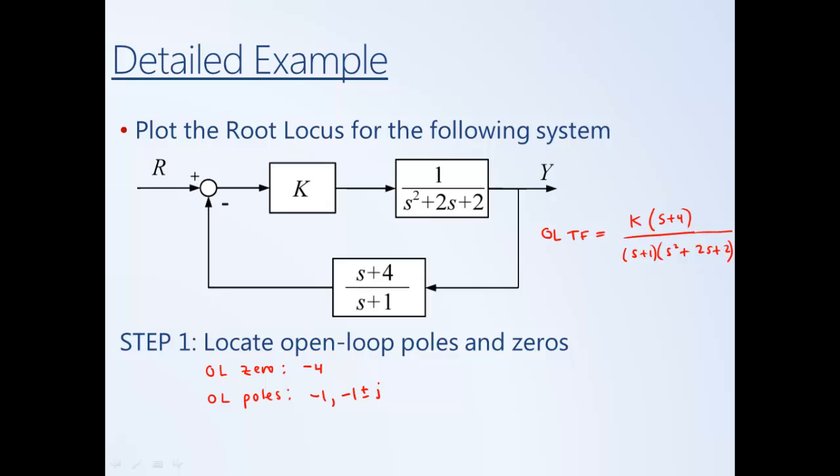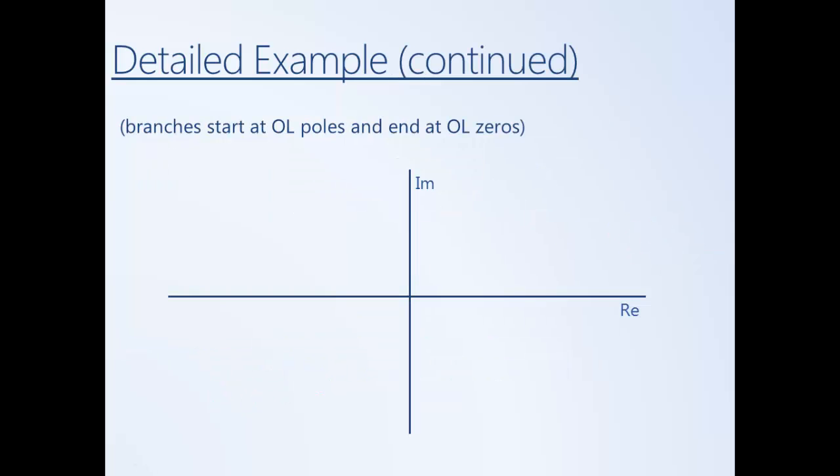Once we've found those, we can go ahead and plot them. So we have an open loop pole at minus 1, an open loop pole at minus 1 plus j, and an open loop pole at minus 1 minus j. I'm indicating the open loop poles with these x's.